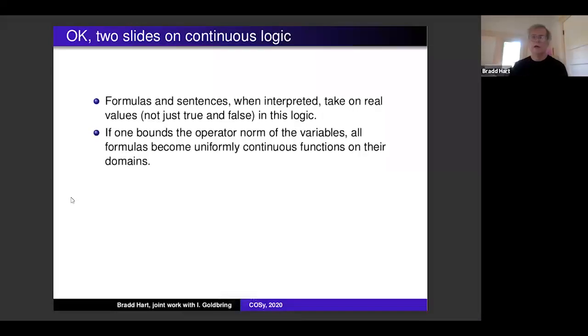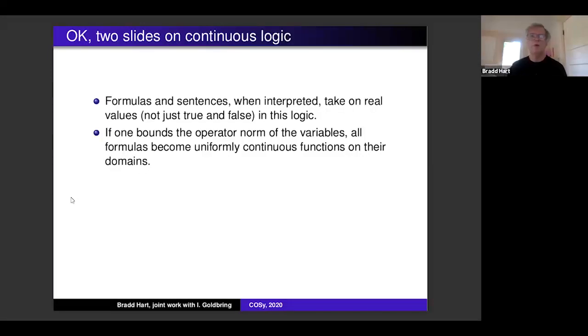Okay, it's one of the reasons I keep mentioning this bound on the operator norm: if I bound the operator norm of variables, then every formula becomes a uniformly continuous function on its domain. Okay. Why is this important? You'll see it's rather important when we start trying to approximate things down the road here.